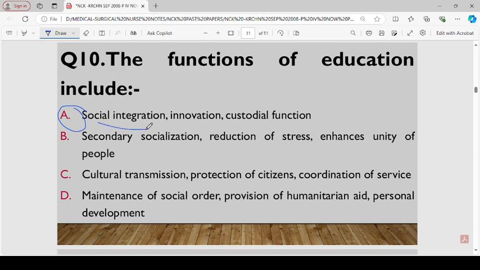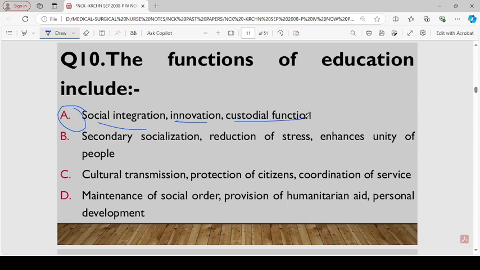Looking at innovation, education helps us to be more creative and to encourage and foster critical thinking. So this is also very important. About custodial function, although this is not so commonly talked about, custodial functions include things like keeping the children in a very safe place, right? So option A is the best option for us.